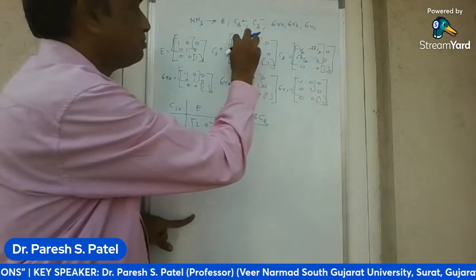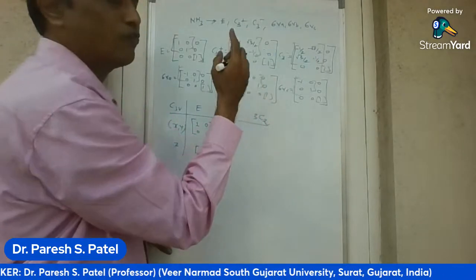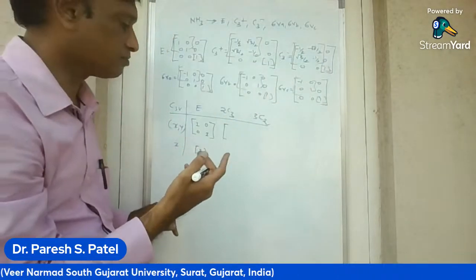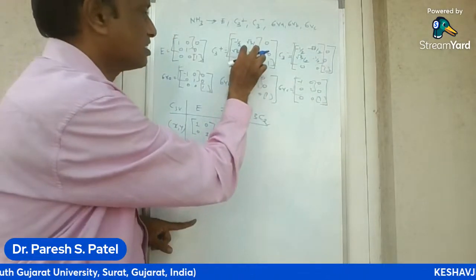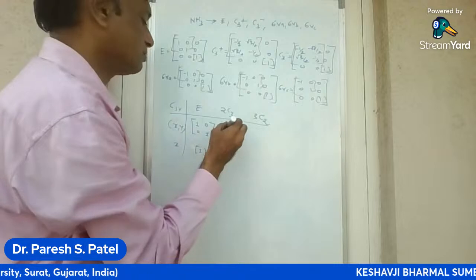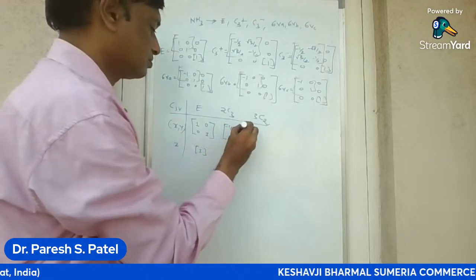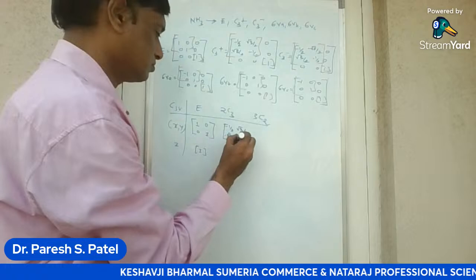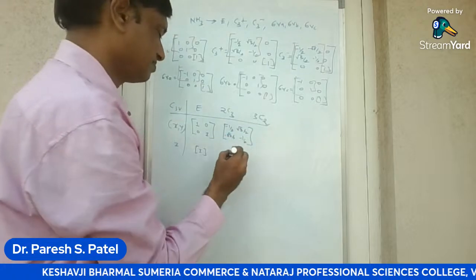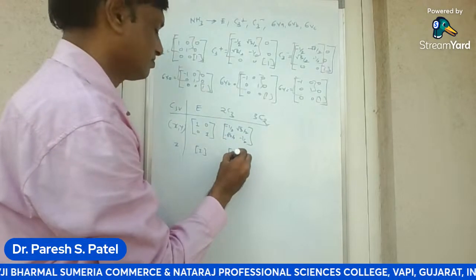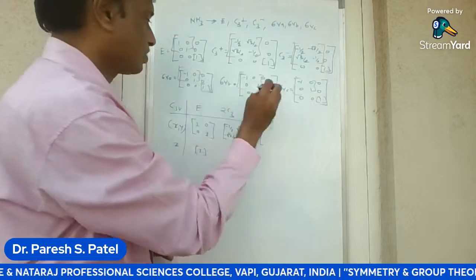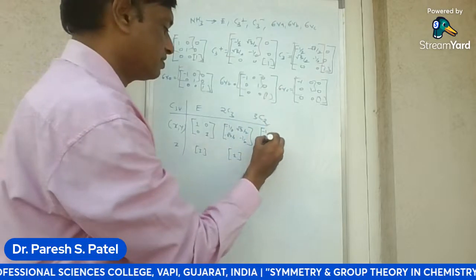The character of this matrix is minus one half, and here minus one half, totally minus one. It means you can take this matrix or this matrix, both are the same. C2, all are the same. You can take any one.